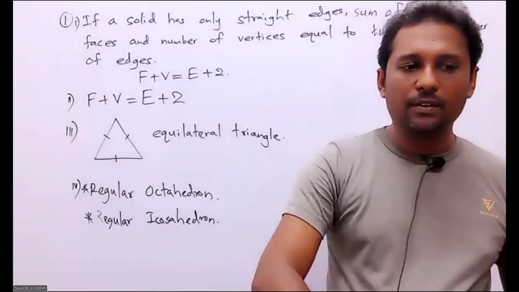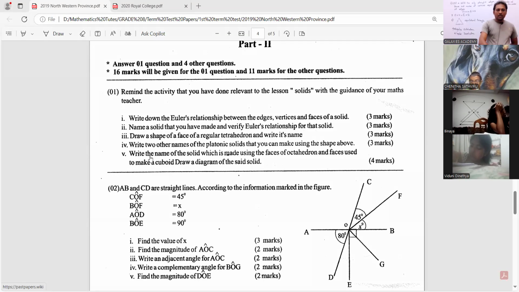Then let's go to the fifth part. Write the name of the solid which is made using the faces of an octahedron and faces used to make a cuboid.